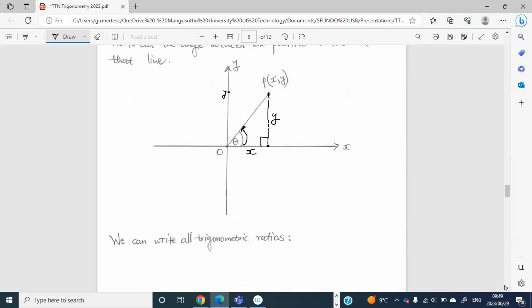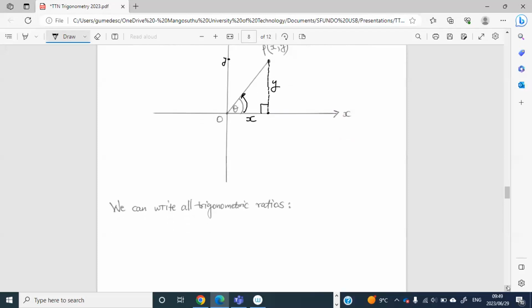So we can define trigonometric ratios of theta in general, if theta is an angle in this quadrant. These are the quadrants of a Cartesian plane. With respect to theta, what is sine theta? Before I define it, I've forgotten that this side will be the hypotenuse because it's opposite 90 degrees, and we'll name it r.